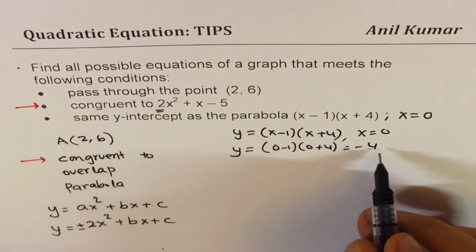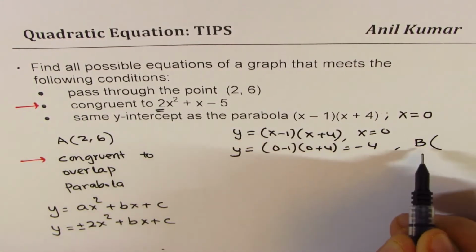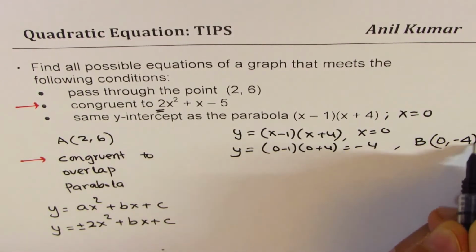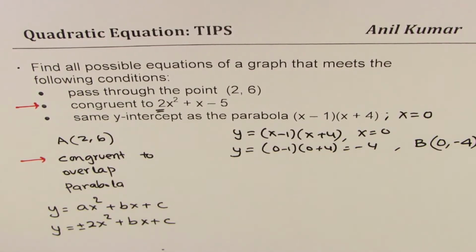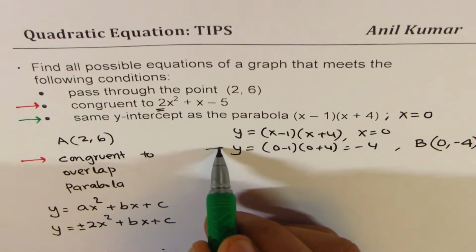And therefore, I get my y-intercept. Let me call this point B. So point B will be x value of 0, y value of minus 4. Do you get it? So from the third condition, we get this information, right?